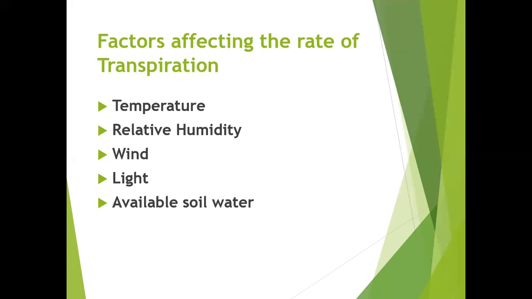Then this last one, available soil water. The available soil water produces an indirect effect on the rate of transpiration because the deficiency in water supply causes the soil solution to become more concentrated.